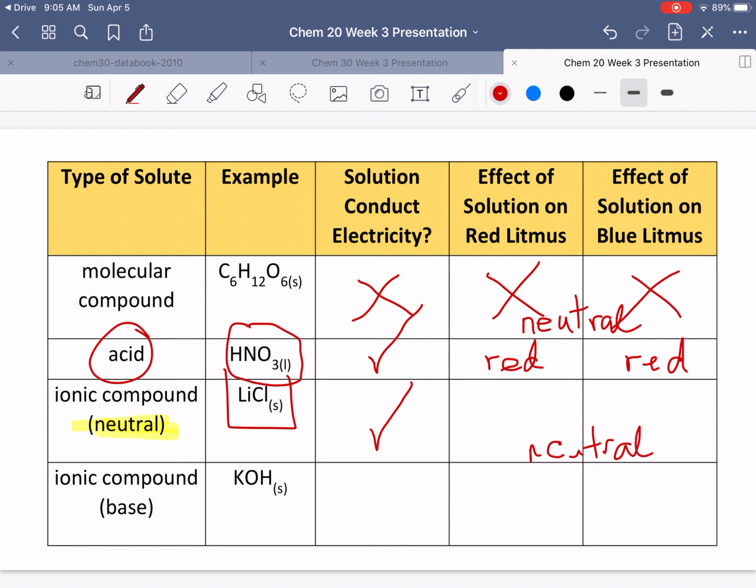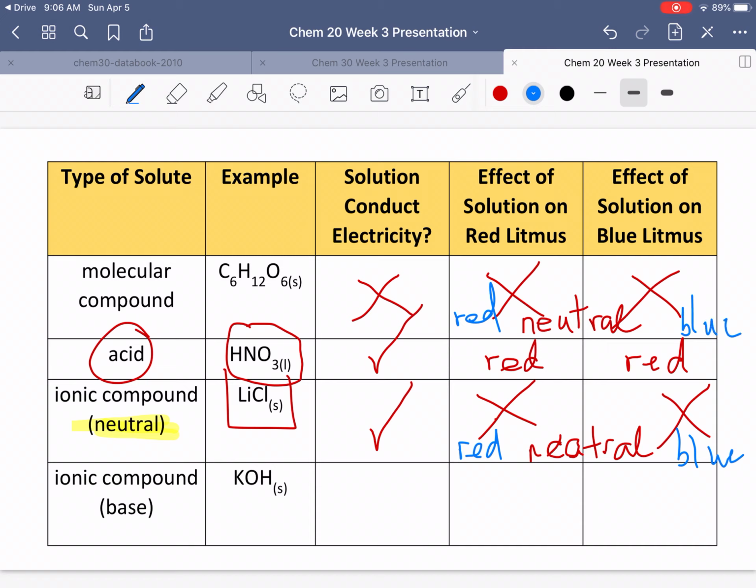It has no hydrogen ions that were made. It has no hydroxide, so it will have no effect on red. Will have no effect on blue. Honestly, that means red will stay red, blue will stay blue, right? That's how that ultimately comes down to. Red stays red, blue stays blue. Red stays red for our glucose as well, blue stays blue.